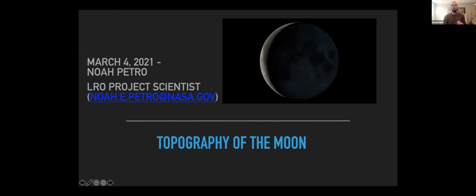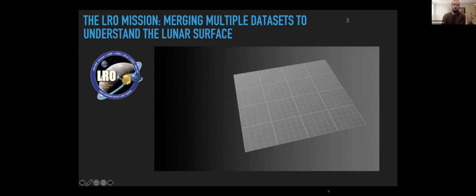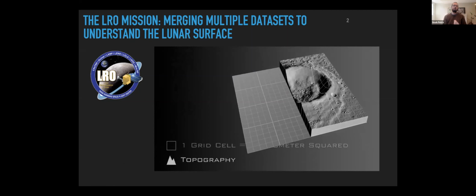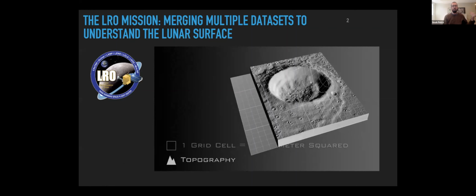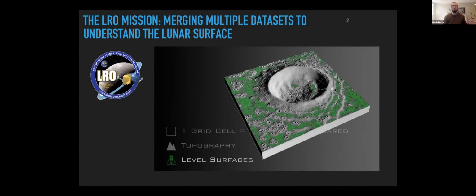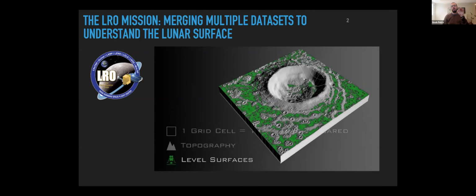I want to talk a little bit about what we have. You've heard about the instruments, and then I'll get at how do we find those data products. Let me start from the beginning with LRO. Again, LRO's reason for going to the moon was generating this type of data product. The data to facilitate landing and exploration at the moon, starting from the foundation of the topographic grid for the moon, the geodetic grid, upon which every other data product that we generate is laid.